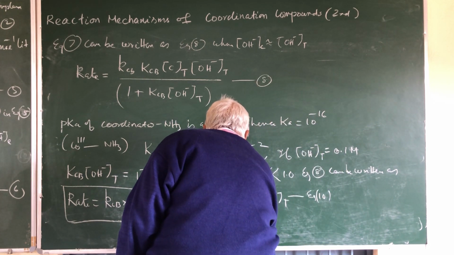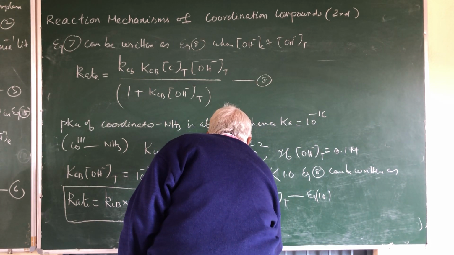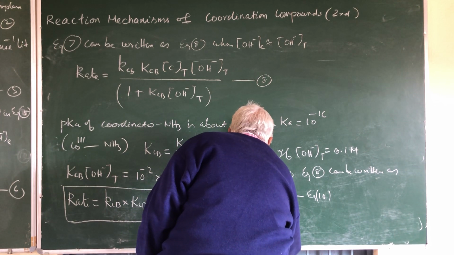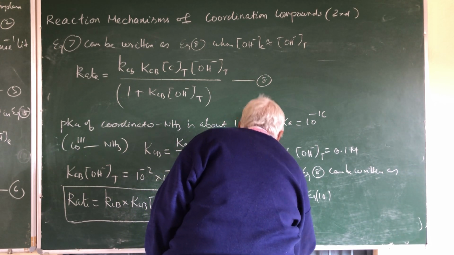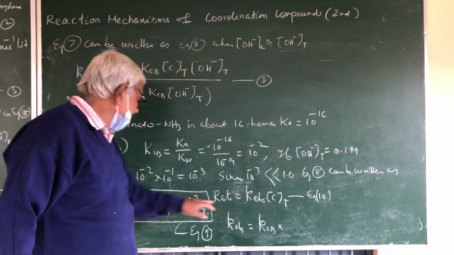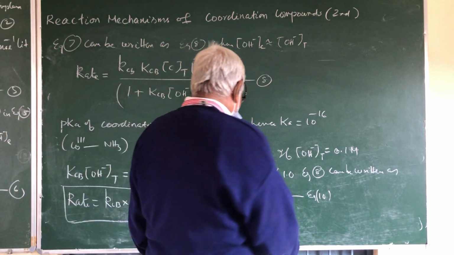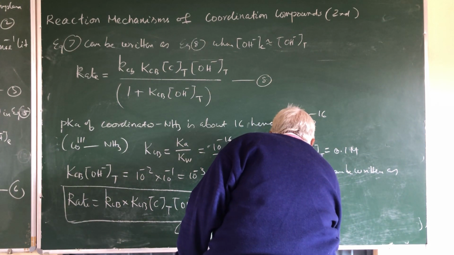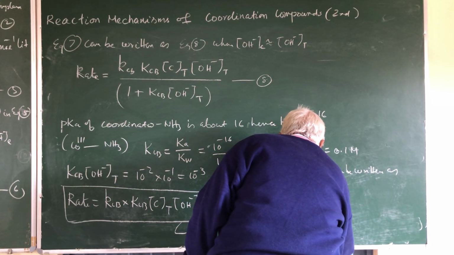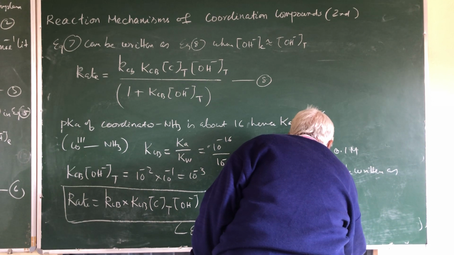So therefore we can write K observed. If you compare this equation with this, complex total will cancel. So K observed will be K into Kcb into hydroxide ion total.